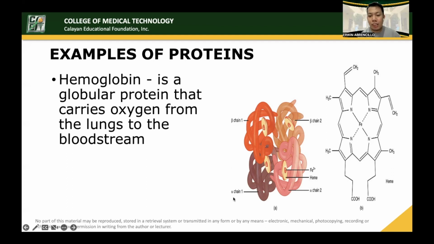This one has alpha chain 1, beta chain 1, beta chain 2, and alpha chain 2, and then the heme structure that has iron 2 in it, making it possible for the blood to carry oxygen because of the heme structure.